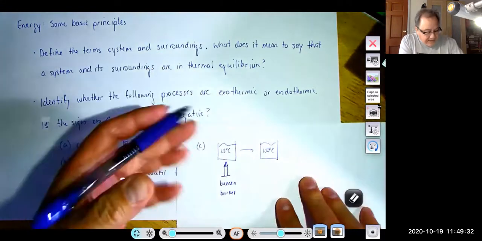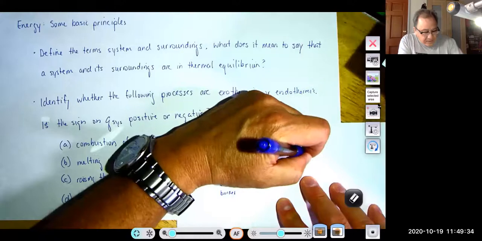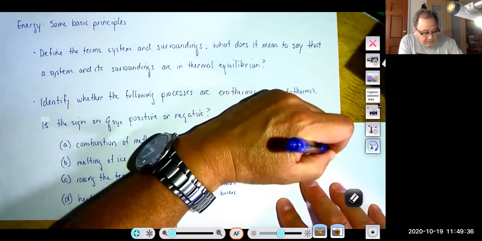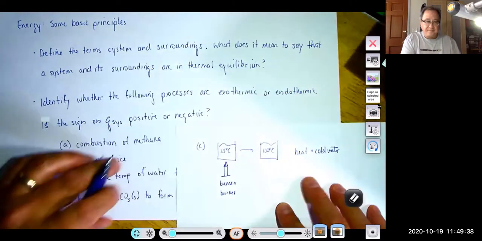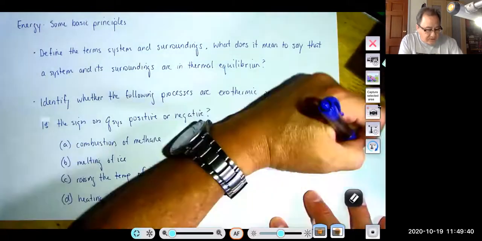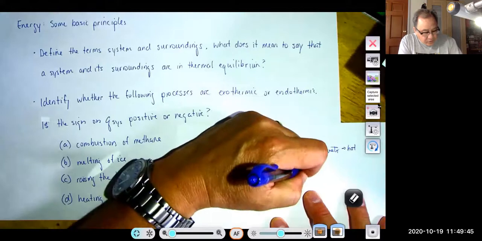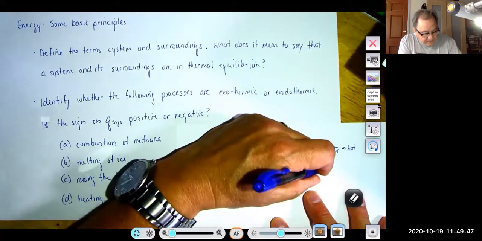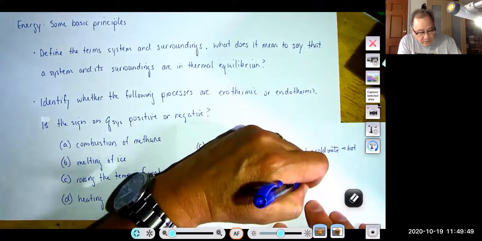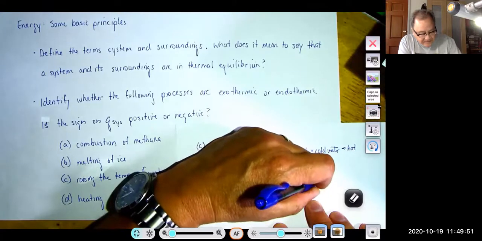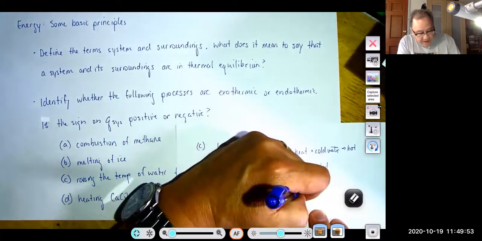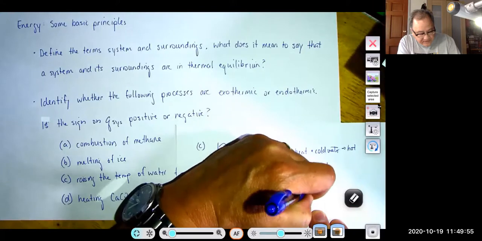So I'm going to take heat plus the cold water and turn that into hot water. So heat is absorbed, which makes this endothermic. We're adding heat, and it's a positive Q.